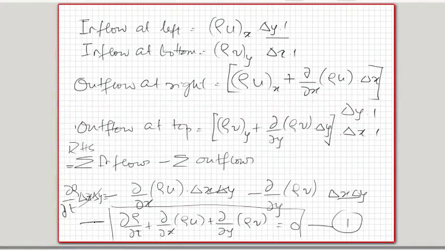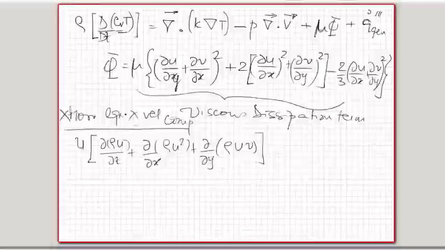This equation, if I take it and multiply it by u, I'll get u ∂ρ/∂t plus u ∂/∂x of ρu plus u ∂/∂y of ρv equal to 0. So I would subtract that from the equation that we just wrote here. Let's go to the last slide.